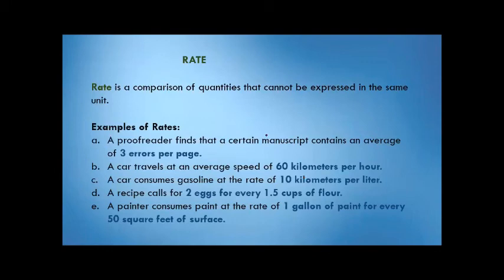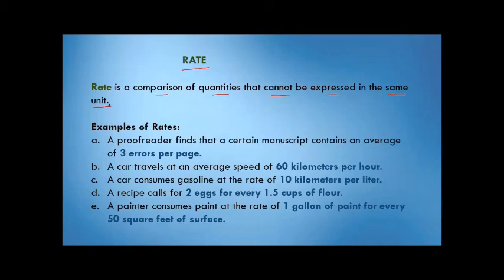Next. So kanina, sabi natin pag ang kino-compare ay dalawang measurements, so dapat gawin natin siya ng paraan para maging same. Pero kung hindi pwedeng gawan ng conversion ng same measurements, tinatawag na natin siyang rate instead of ratio. Okay? So rate is a comparison of quantities that cannot be expressed in the same unit.